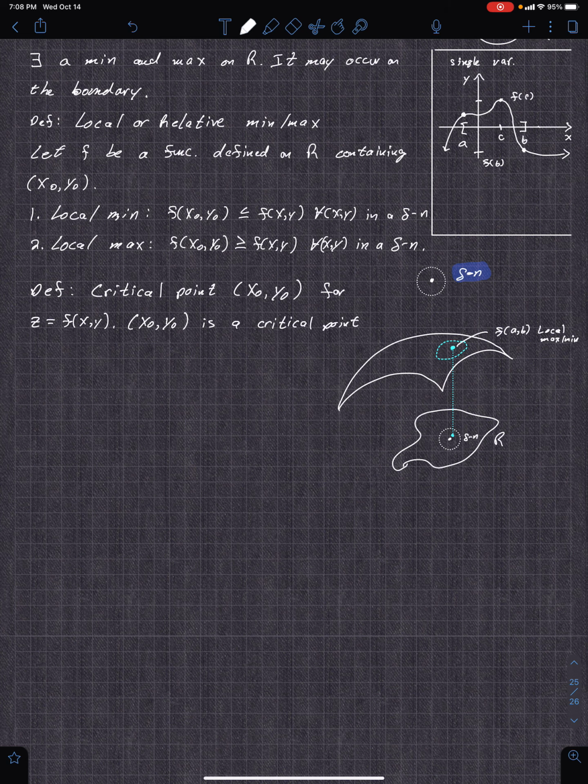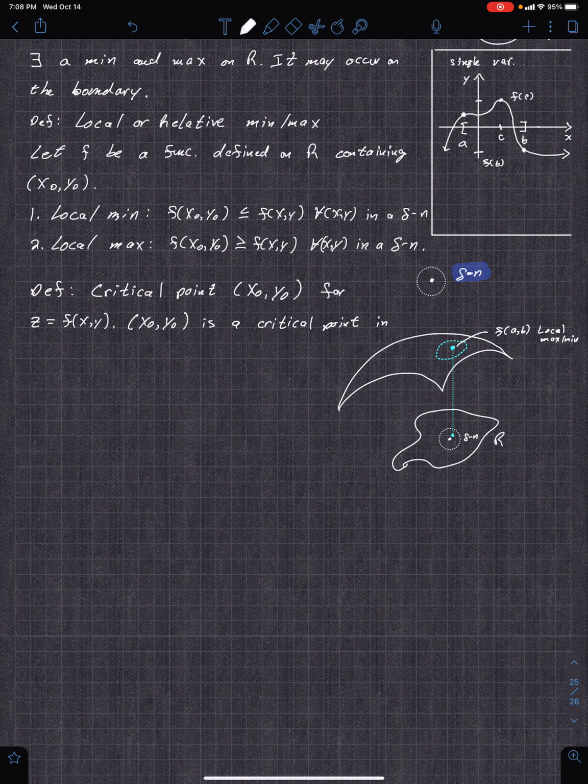And it's an actual point, like x naught, y naught. In Calc 1, I often mess up and say critical value, even though you can say a point, since it's just one value. But this is an actual point, so I try to be consistent. It's a critical point, an actual x naught, y naught.